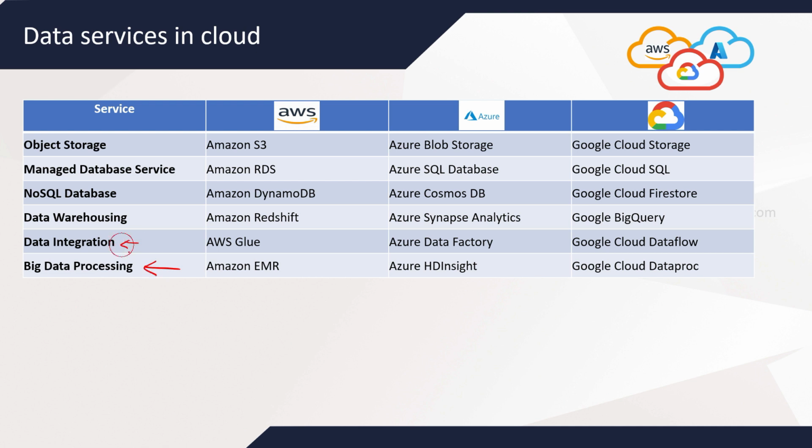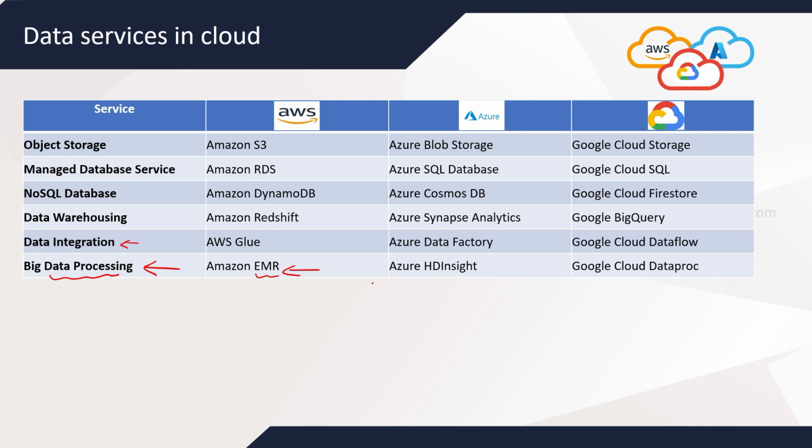Okay, so the next service on the list is big data processing. See, in the case of data integration, if you have a minimal amount of data, then data integration would just work fine. But if you have a huge volume of data, then you need big data processing, right? For that, Amazon has EMR, Elastic MapReduce. It's basically a Hadoop environment wherein you will have HDFS, Hive, and Spark. Using Spark in-memory computation, you can do big data processing.